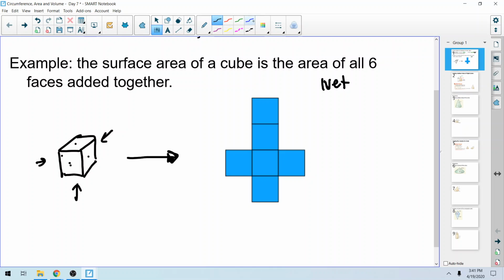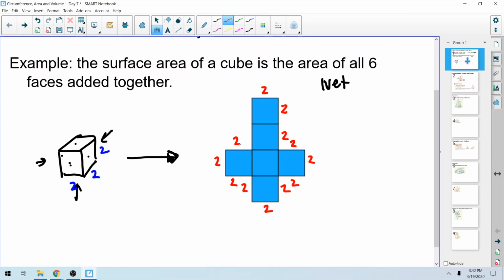Now, let's say on our cube that we had side lengths of 2 by 2 by 2, and I wanted to know the surface area of that cube. So really what you're looking at here is, okay, well this is 2 by 2. This is 2 by 2. All these have a side length of 2 because a cube has all the same side lengths.